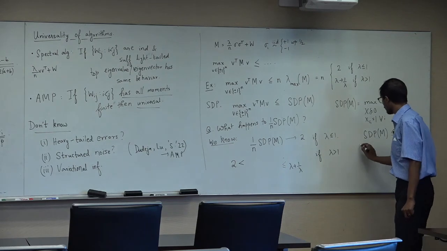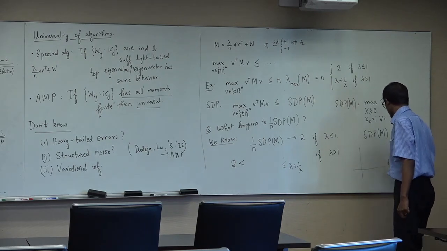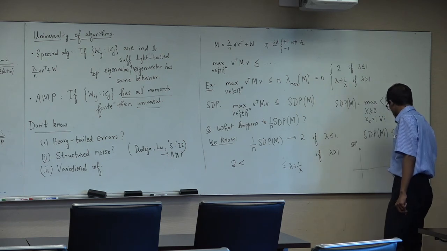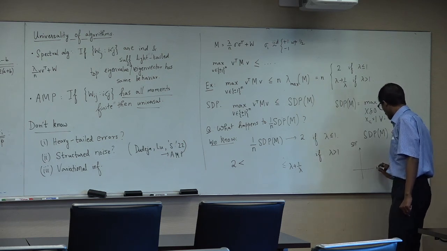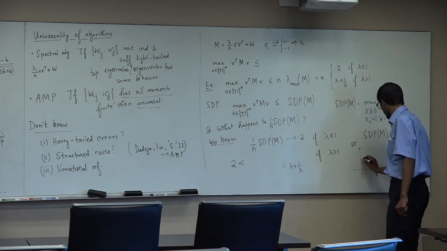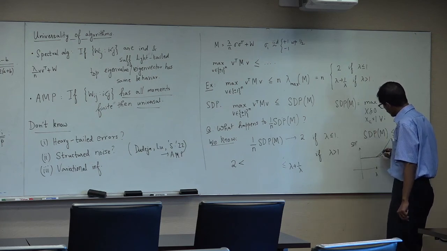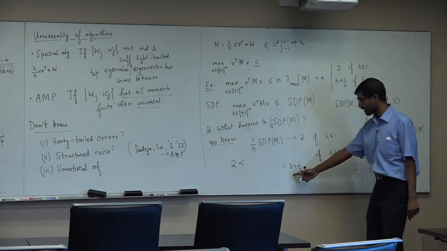So if I draw the value of this SDP as a function of lambda, up to lambda equals 1, it's at 2. Then I know that it moves away, and here is the upper envelope. I don't know if there is a gap or not. This is less than or equal to.